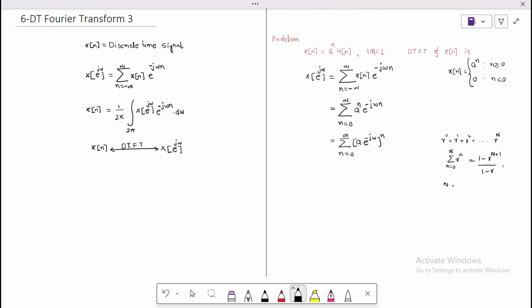Okay, for n tending to infinity, this formula becomes the sum from n equals 0 to infinity of r to the power of n, that is equal to 1 by 1 minus r. The condition here is that r must be less than 1 only, for that only.